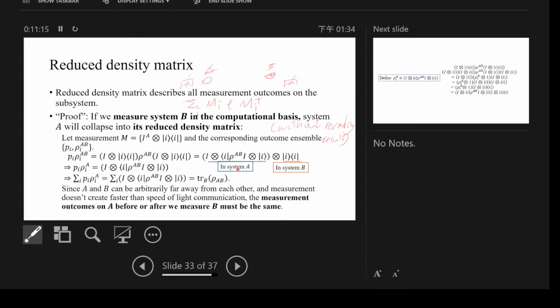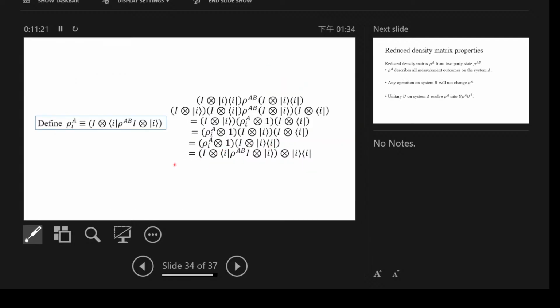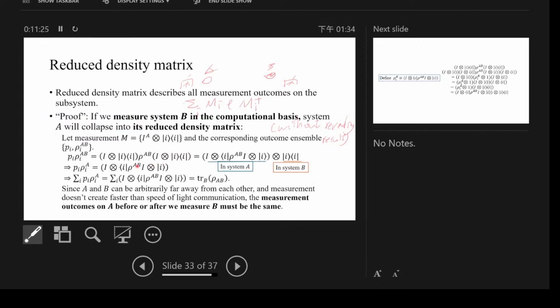If you want to prove this rigorously, it's a long line of proof. But ideally, you look at the A part and the B part. On the B part, we have this identity.